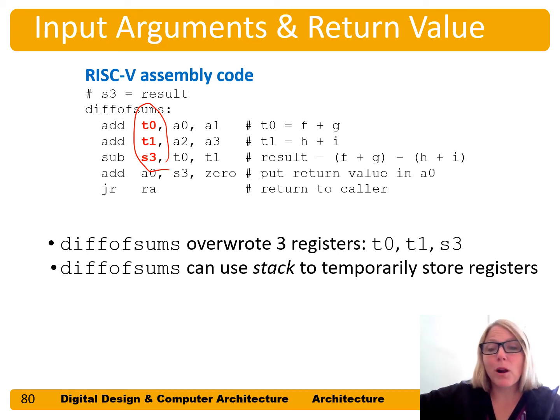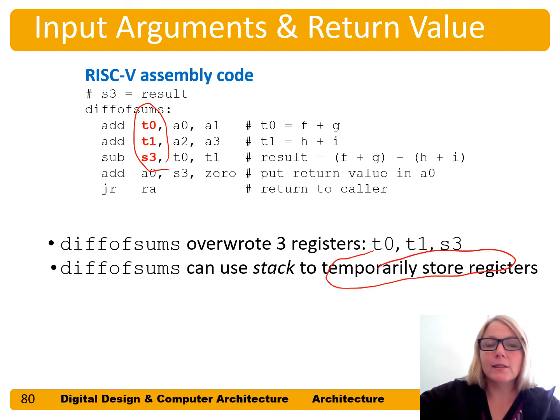And so this is a bit of a problem, but we can use the stack, which is a small amount of memory, to temporarily store the original values that were in T0, T1, and S3 when the function was called, overwrite them, and then restore those values from memory right before returning from the diff of sums function.